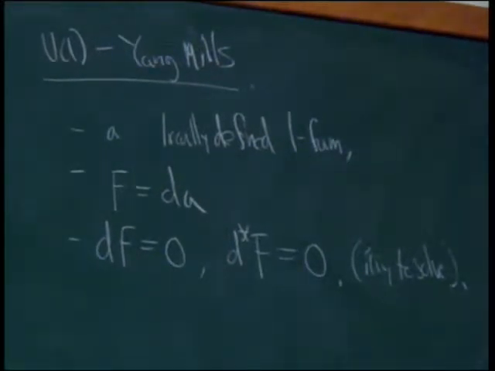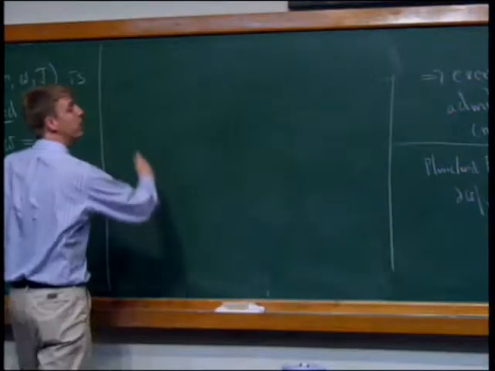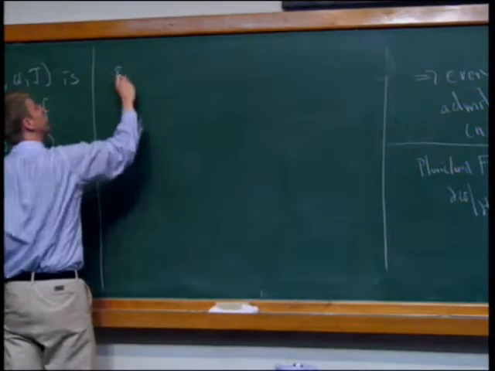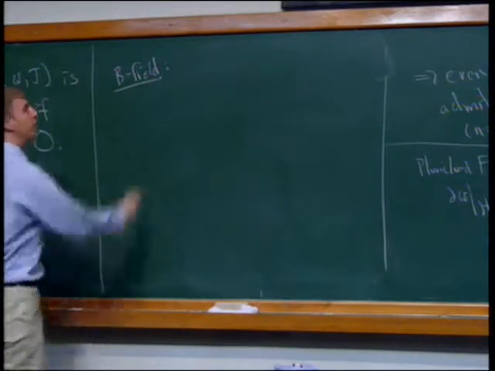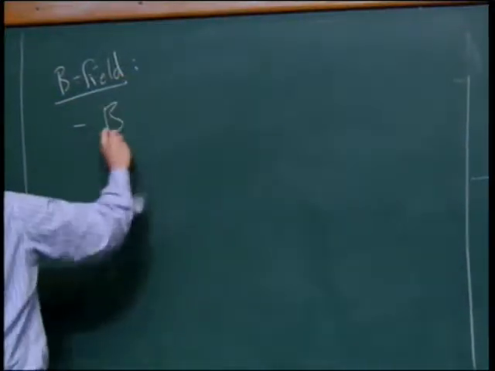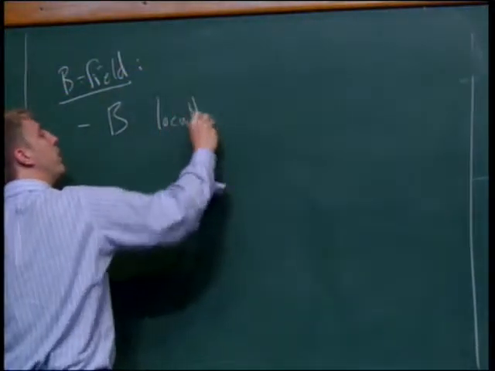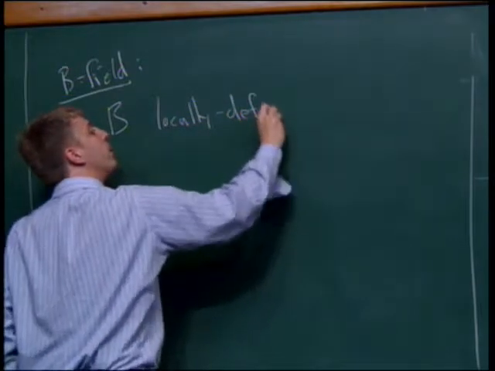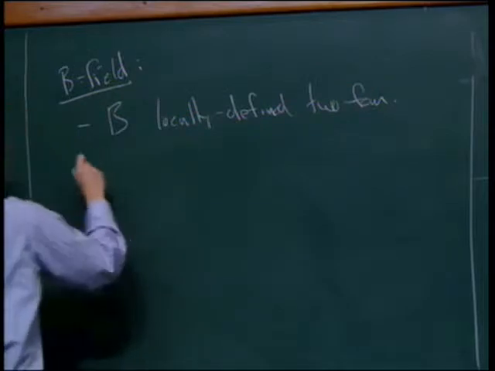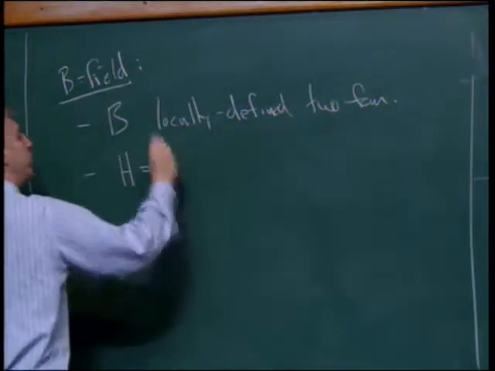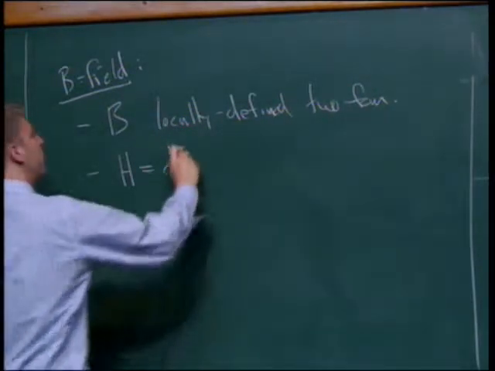But so motivated by some string theory that I don't understand, they introduced the B field. The physicists introduced this B field. So again, you can just take this pure low-tech analogy. So here B can just be a locally defined two form, and then you have a field strength H. So you just think of this as like a generalized magnetic field.